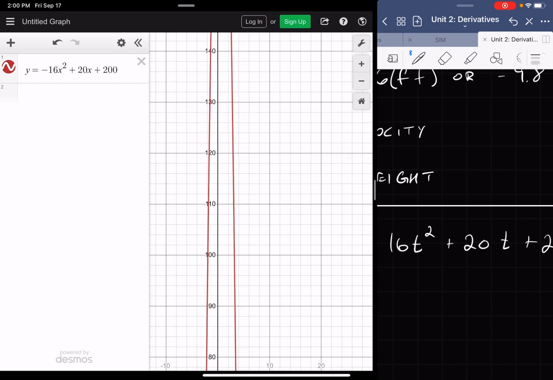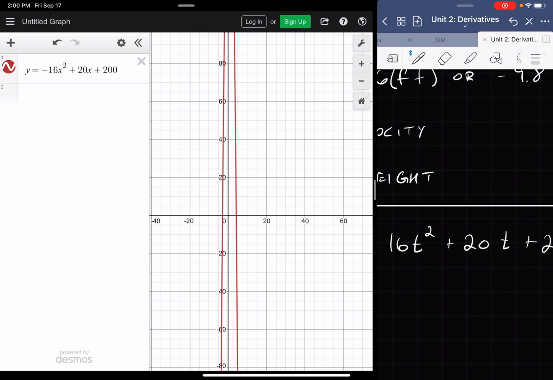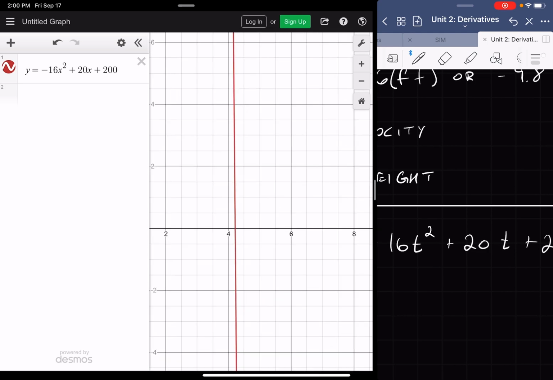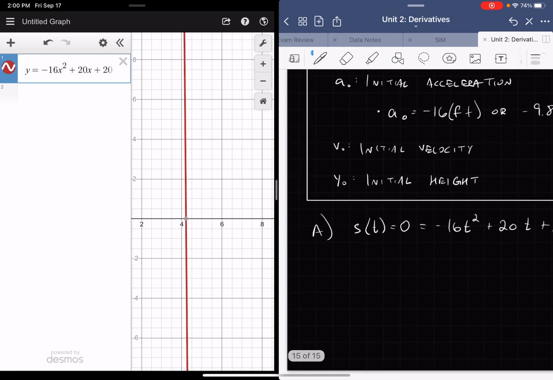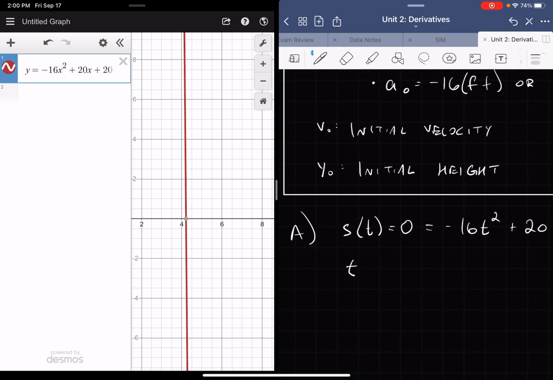But then when does it hit the ground would be when it hits the x-axis down here. So if you just tap on that where the red curve goes through the x-axis, that tells you that intercept. On the calculator, you'd have to do a little bit more work. You have to hit a few buttons to find that. But we've done that before already in this class. So it hits the ground at t equals 4.215.